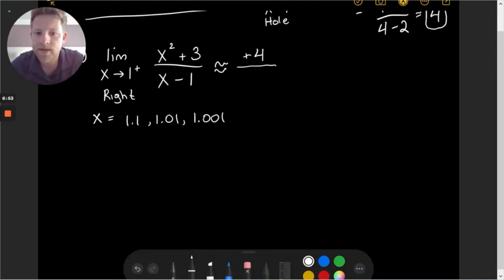And then in the denominator, we'll have a really small value, but a very small positive value, if I evaluate at, say, 1.1, 1.01, or 1.001. It's getting to be very, very small, but it is a positive value.